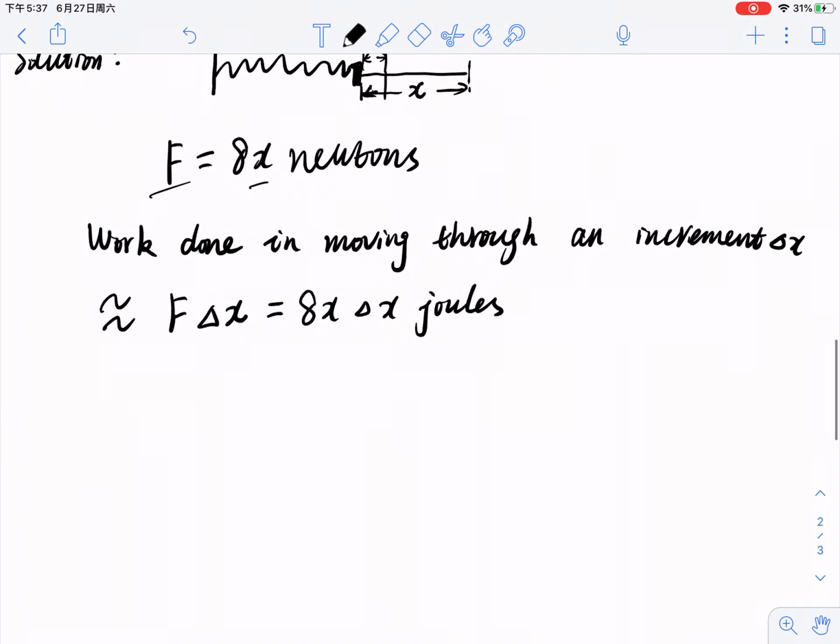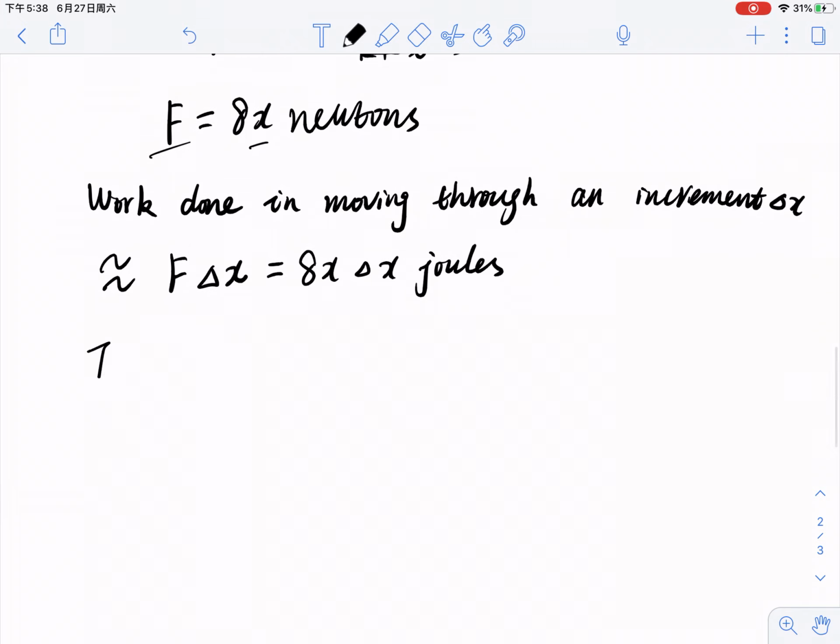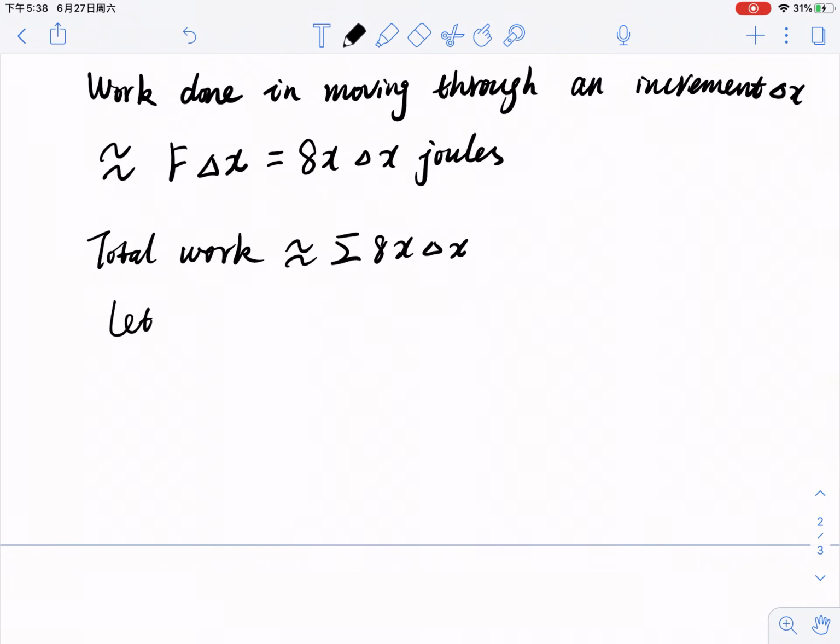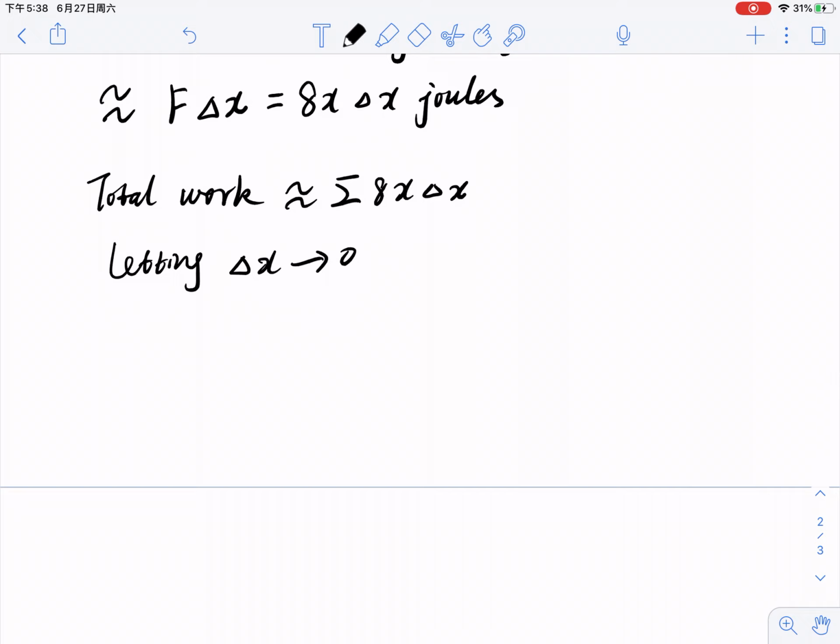Summing over all increments gives the Riemann sum approximation. So the total work is approximately equal to the sum of all increments. Then taking the limit as delta x goes to 0 gives total work done as the integral from 0 to 0.1 of 8x dx.